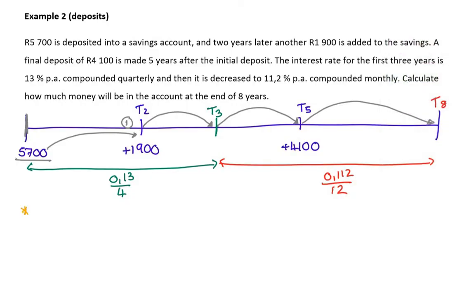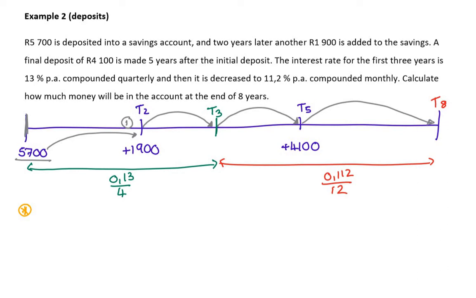Probably the most important thing someone will ever tell you in financial maths is that 5,000 Rand 10 years ago is not worth the same thing as 5,000 Rand now. So money changes kind of worth, which means you can't say I invested 5,700 Rand in the beginning, but 2 years later I added 1,900.